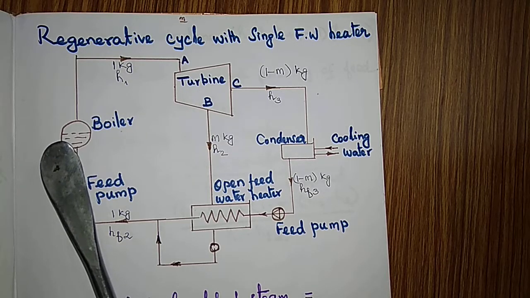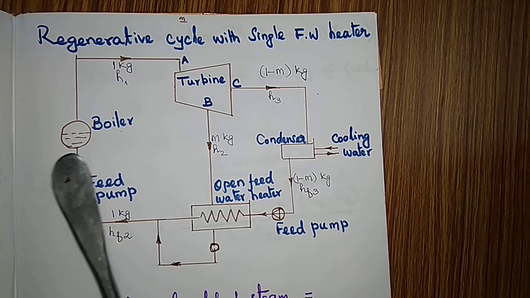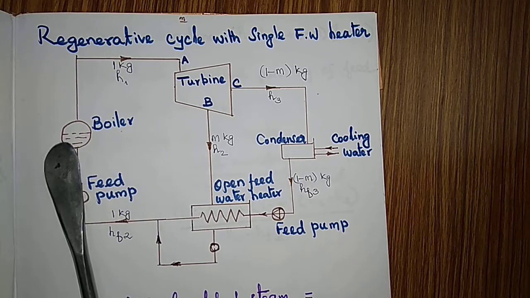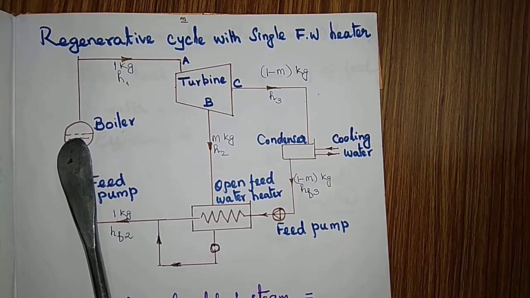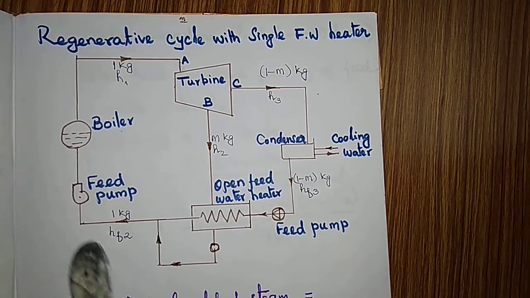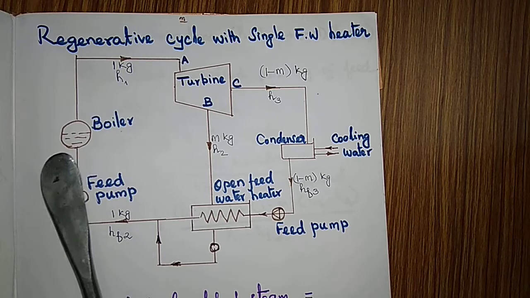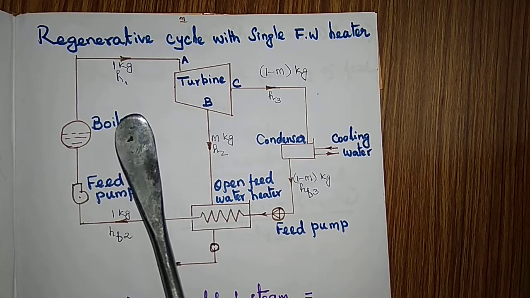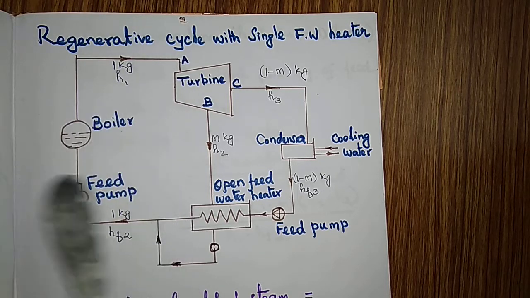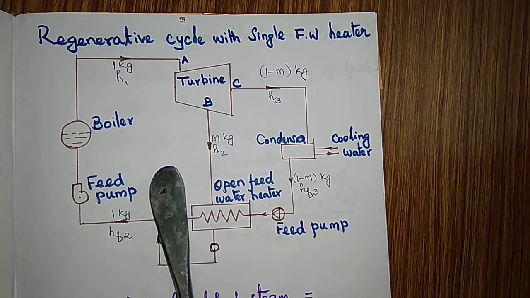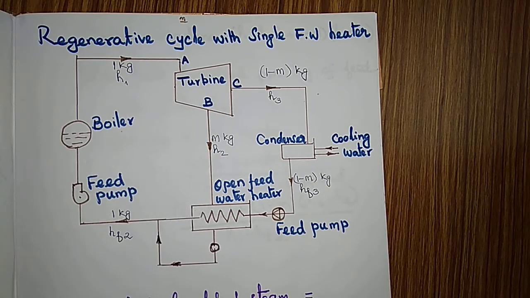So the thermal stress will not be there in the boiler. That is one advantage. Thermal shock won't be there. Another advantage, as I already mentioned, is that it increases the thermodynamic efficiency of the turbine. For these two reasons, the regenerative cycle is employed.